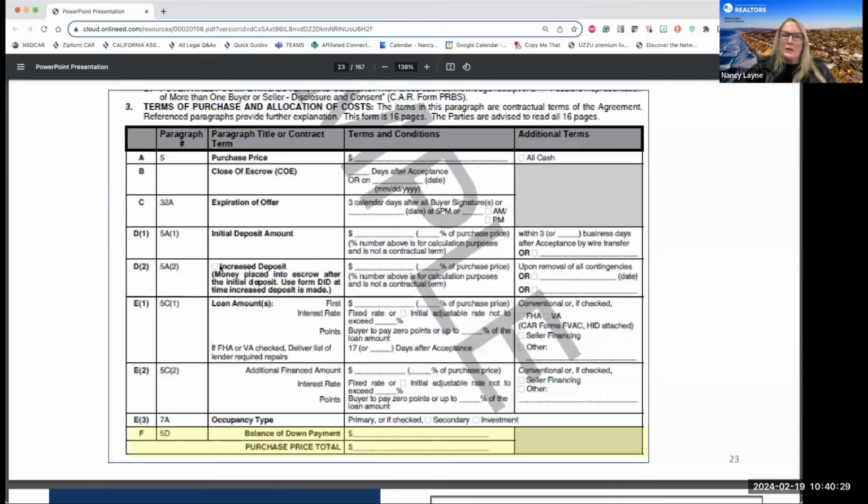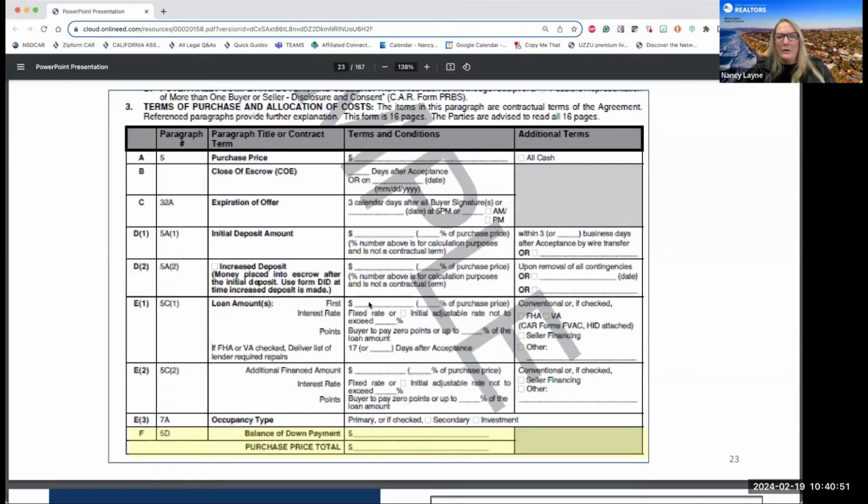Increased deposit, generally speaking, people are going to increase this. Most of us use the rule of thumb of 3%. We'll put in that additional deposit once conditions are met and they've removed contingencies. That's automatic, by the way, upon removal of contingencies, or you can have a date specific. That will be that second amount that needs to have the DID form.